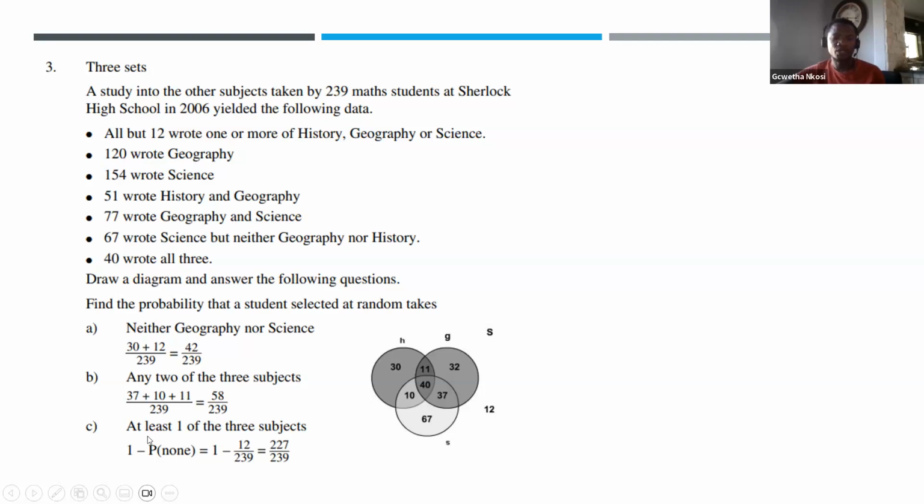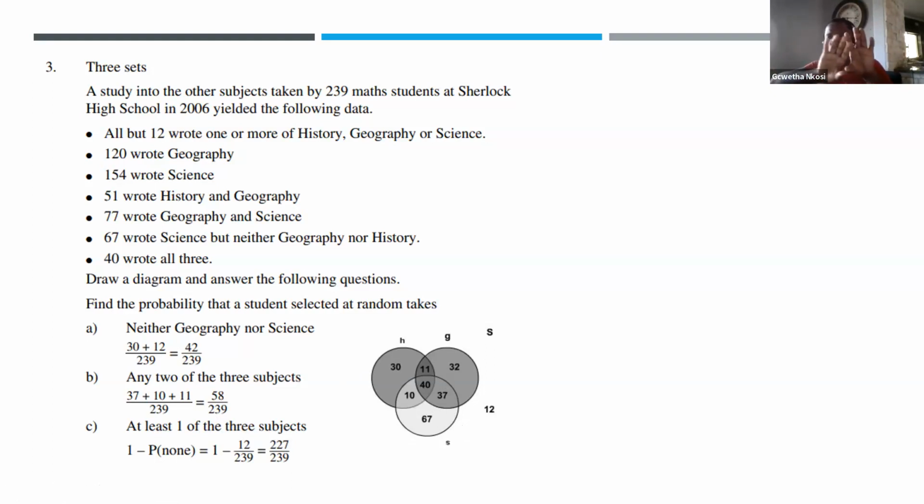Now they say to you, at least one of the three subjects. To simplify this one, we can just add all of these ones and we are going to get this number. But if you don't want to add all of them, there's a shortcut. What is the shortcut? We are going to say 1 minus the probability of those who didn't participate in anything.